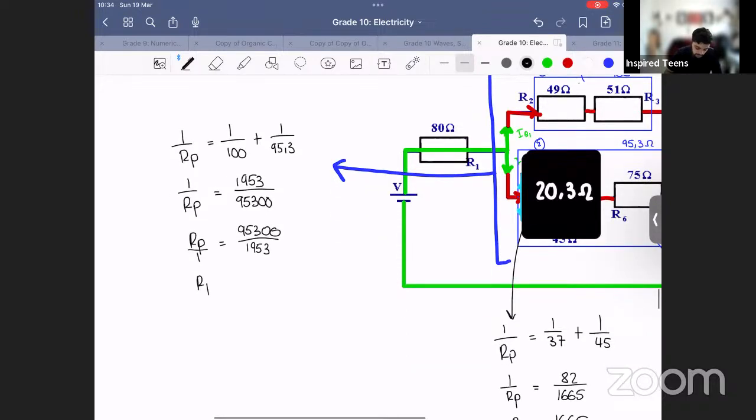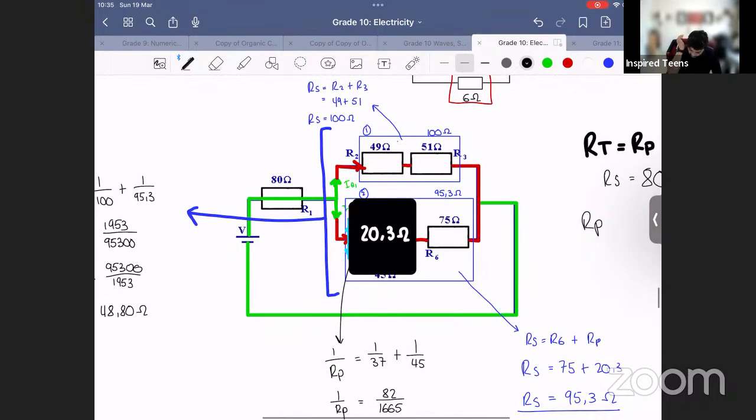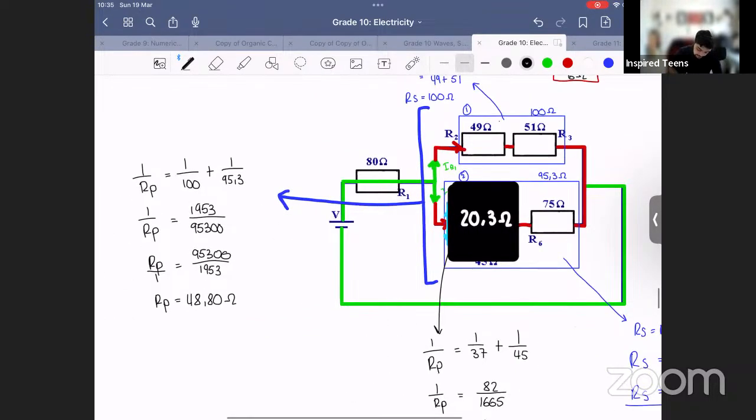Then I get RP as 48.8 ohms. So the entirety of this parallel branch has an effective resistance of 48.8 ohms.